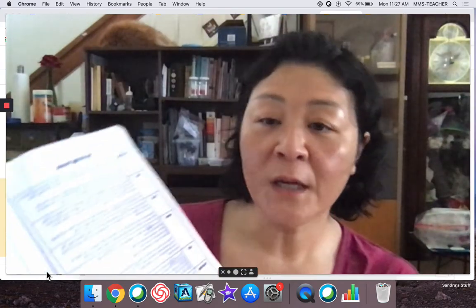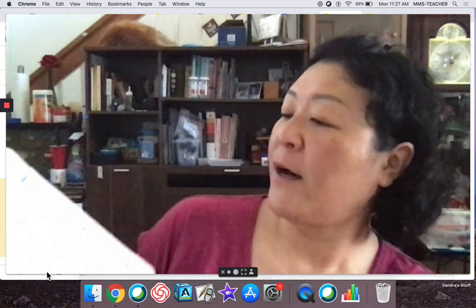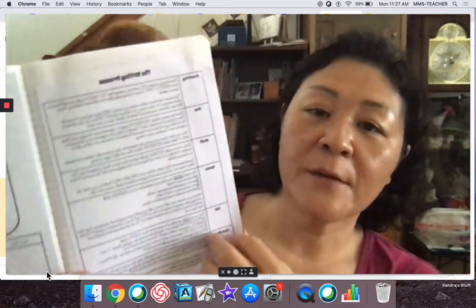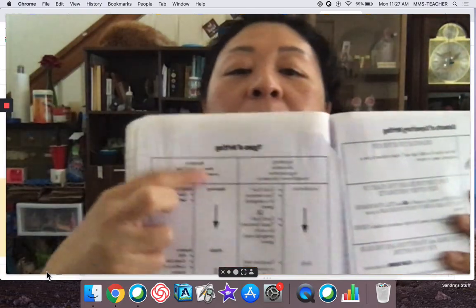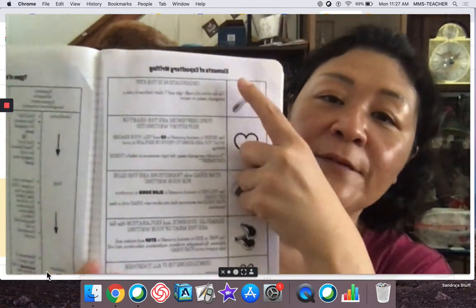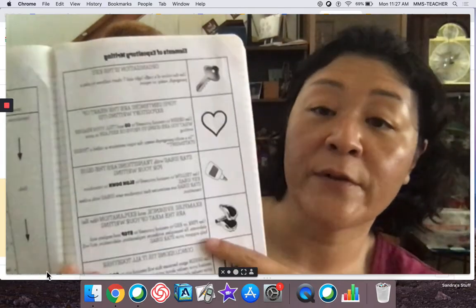Okay, so in your composition book, the language arts side, you have this writing process page that I went over. You have the types of writing page. And then you have this examples or elements of expository writing.